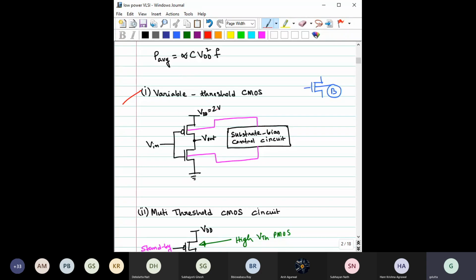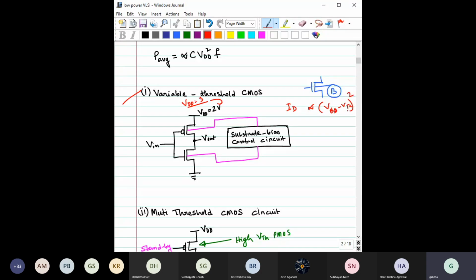Suppose earlier VDD was 3 volts, and now you have reduced VDD from 3 volts to 2 volts. What is going to happen to its ID? ID reduces, because if you consider the saturation region, it is proportional to VDD minus VTH square.